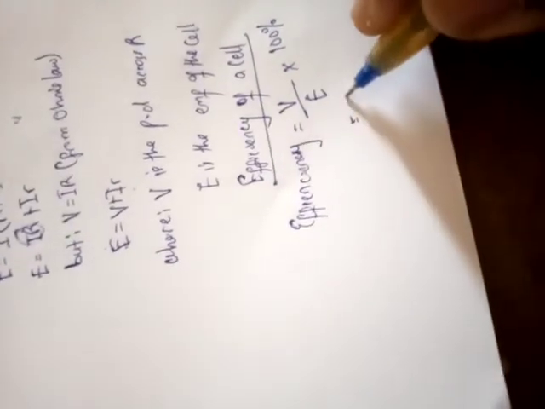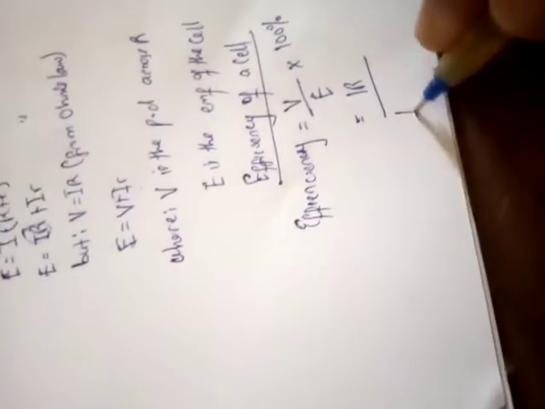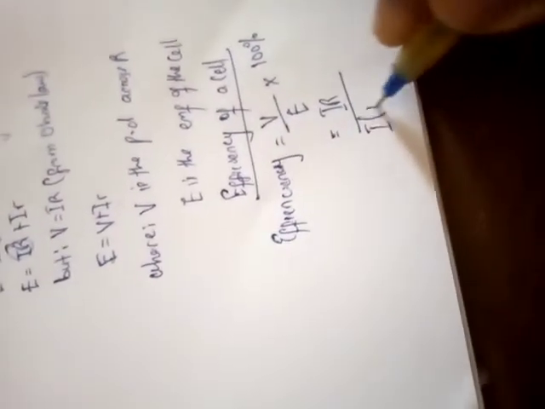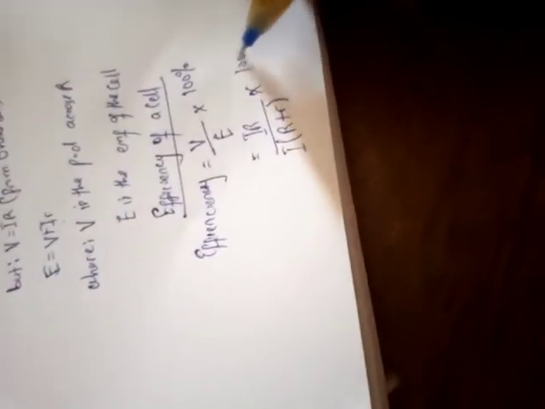This is the same as IR over I times (R plus r), times 100%. And that is also equal to, when this I cancels this I, it remains R over R plus r. That's big R over big R plus small r times 100%.